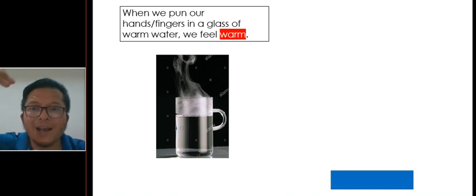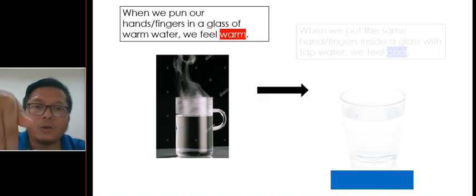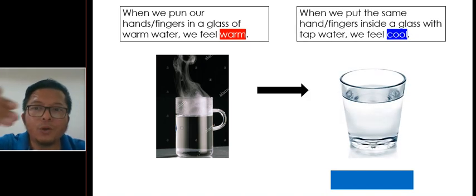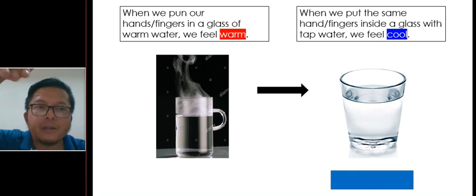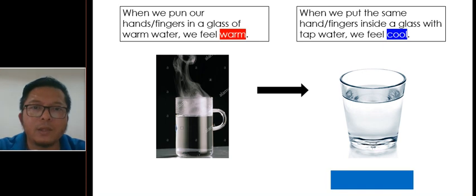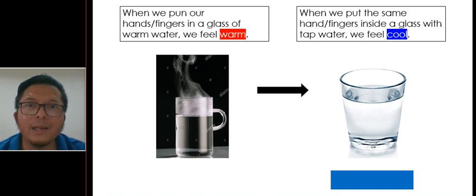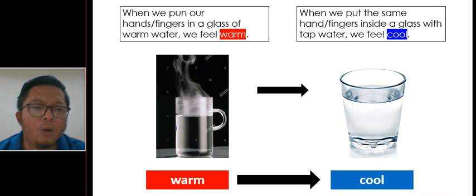So put your hands inside warm water and you take out and put your same hand inside the glass of tap water. We will feel the tap water is cool. Now, I am confused. Is the tap water warm or cool? That is my question.